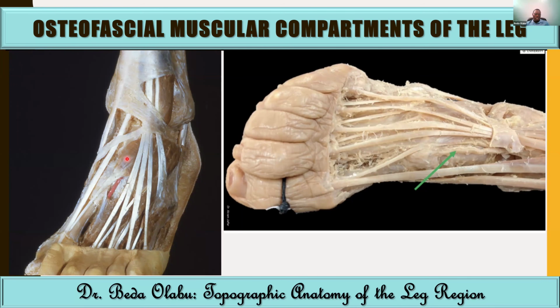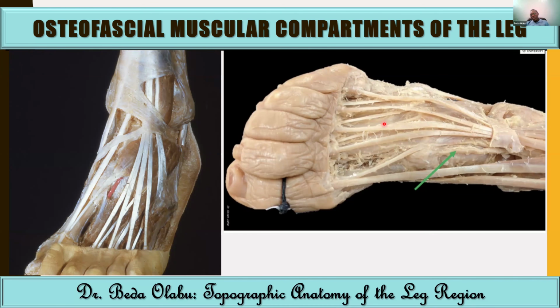But generally, people consider it one muscle, extensor digitorum brevis. Anyway, that was just off the grid. Remember, that is on the dorsum of the foot, not necessarily on the leg. But it's important to talk about the dorsum of the foot when we talk about the anterior leg so that we understand things in totality.